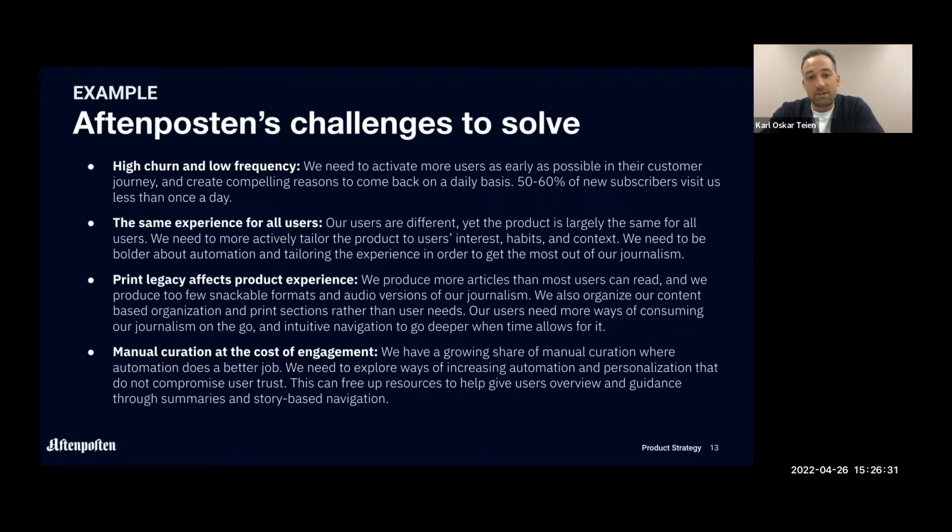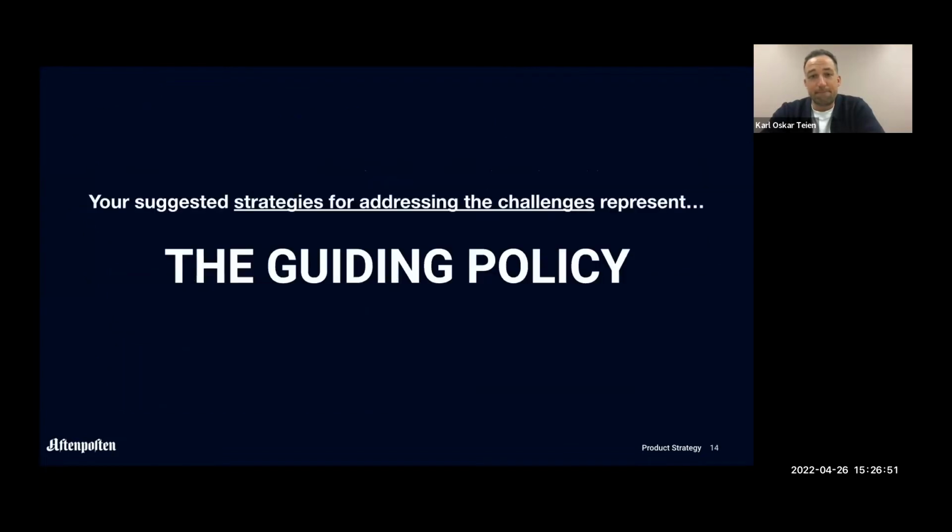And those types of things are important. And we know that when we let technology do part of that job, then we see that subscribers also engage more. So that's our description of the challenges to solve for Aftenposten.